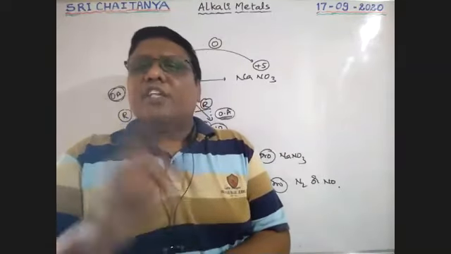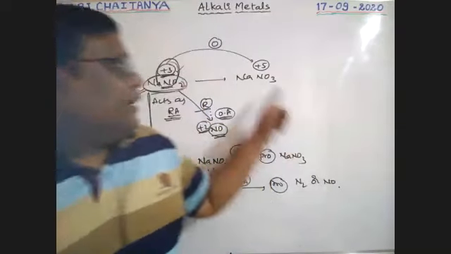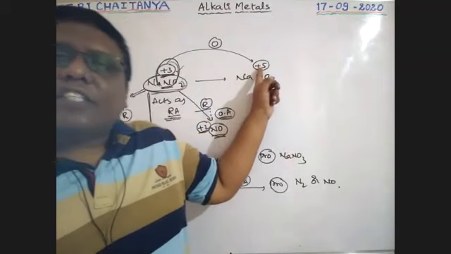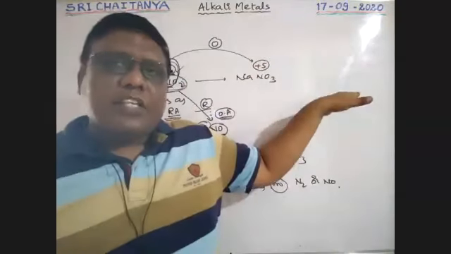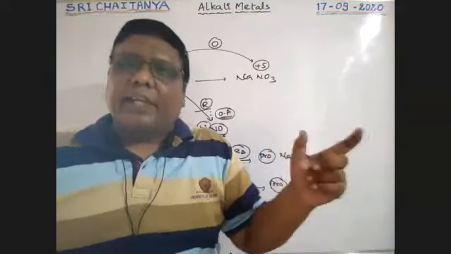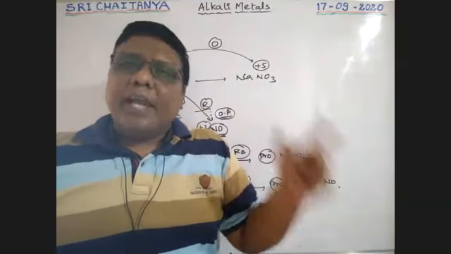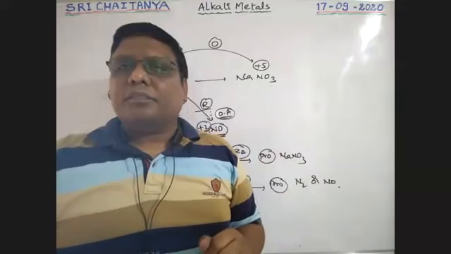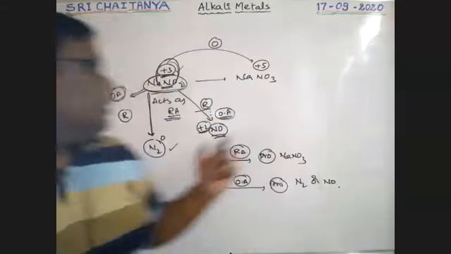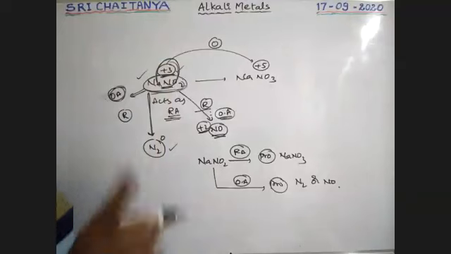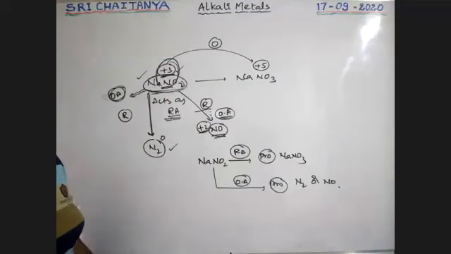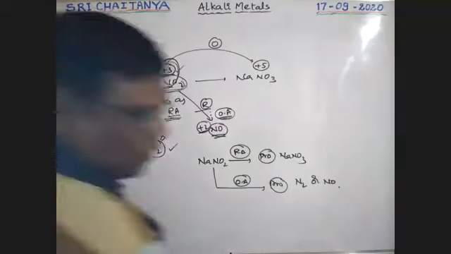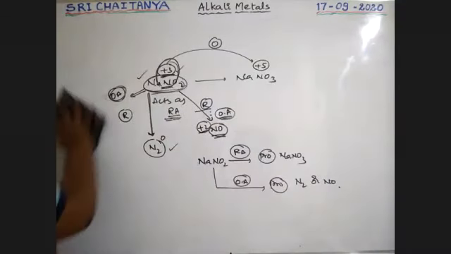That is why in NaNO3, nitrogen is at its highest oxidation state and never increases it. Therefore, NaNO3 only acts as an oxidizing agent, but not as a reducing agent. But NaNO2 acts as both an oxidizing agent as well as a reducing agent.